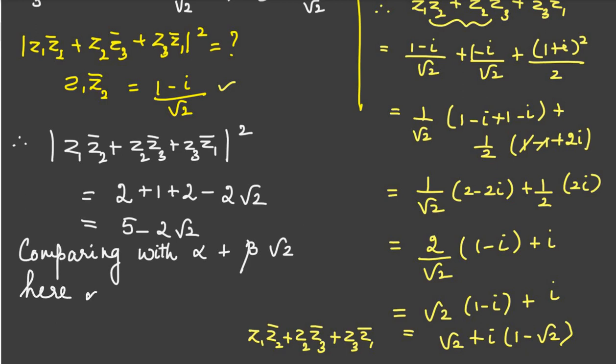Here alpha is equal to 5, beta is equal to minus 2, and therefore alpha squared plus beta squared is equal to 5 squared, 25, plus 4, which is equal to 29.